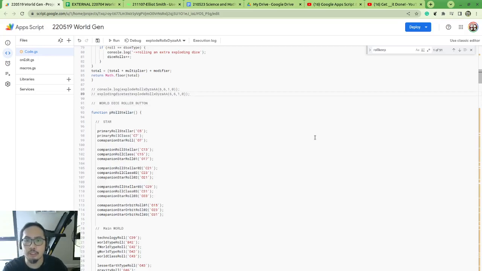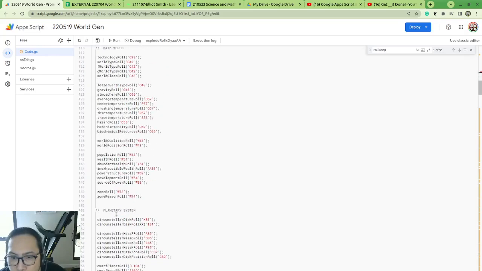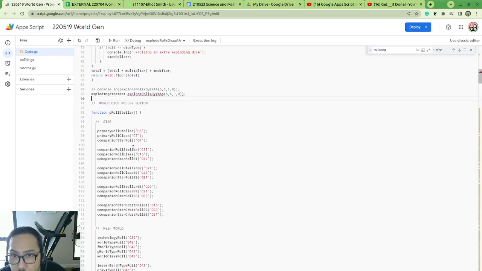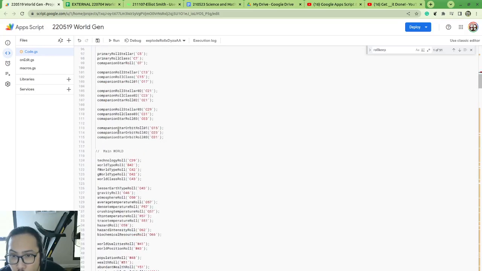A function has these variables and the semicolons, which I have to remember to put. Wait, is it semicolons? Oh, semicolons to break it. This command, p roll stellar, triggers all these rolls.